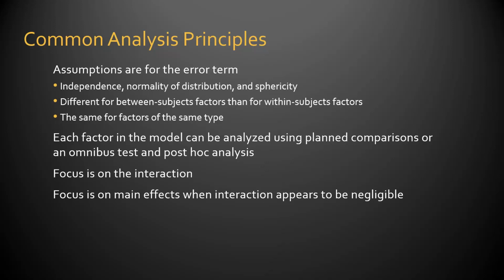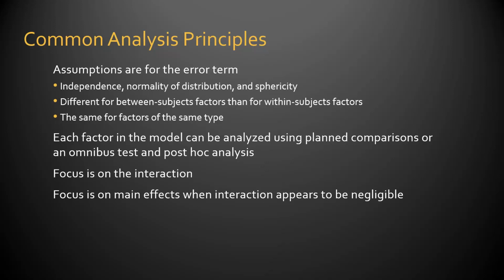Each factor in our model can be analyzed using planned comparisons or an omnibus test and post hoc analysis. The omnibus test is a test of the null hypothesis that there are no effects for that particular factor we're studying. And if there are no effects for that particular factor we're studying, then we hope not to reject the omnibus test. But of course, we may not reject the omnibus test because we don't have enough power.